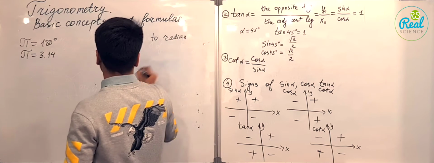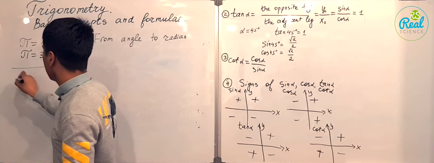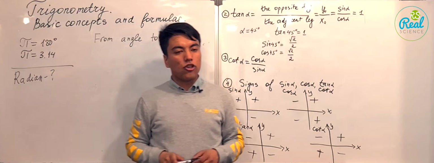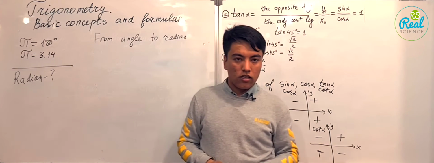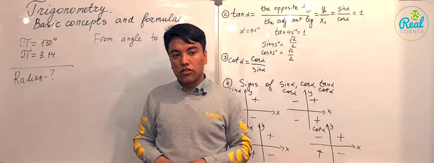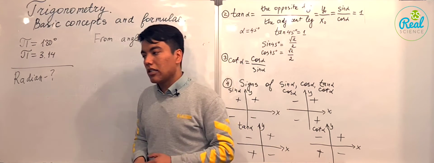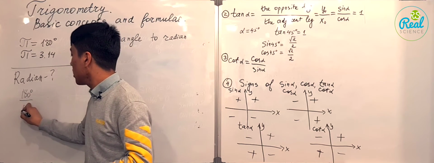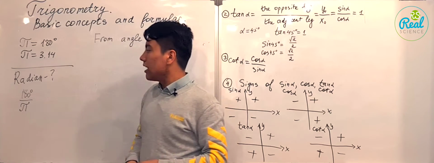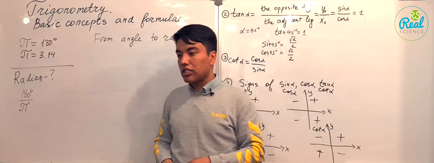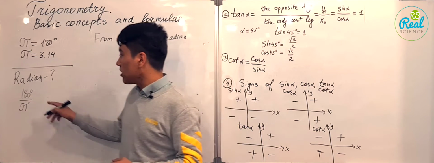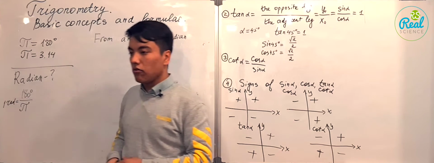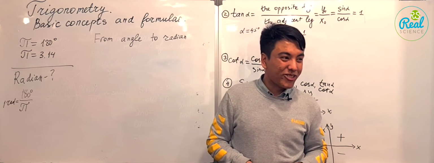But what is radian? Do you have any idea about this concept? It is also a measurement of angle, the second type of measuring angles. If it's 90 degrees, it's pi over 2. 1 radian is 180 over pi, but pi here is not 180.